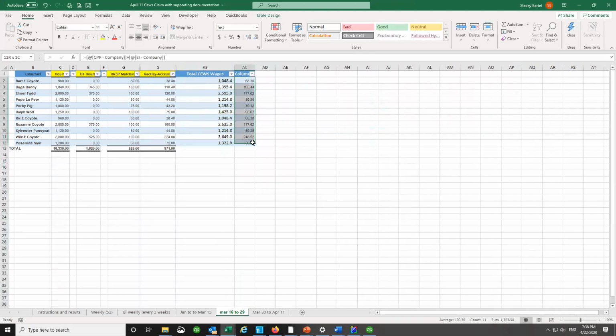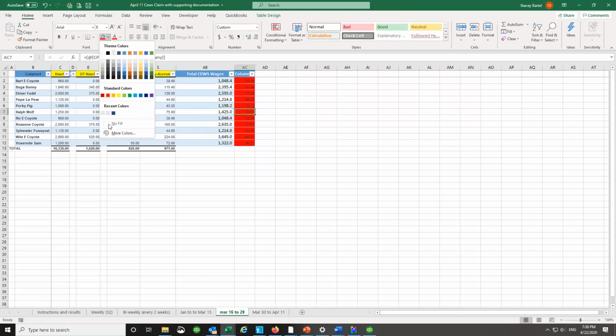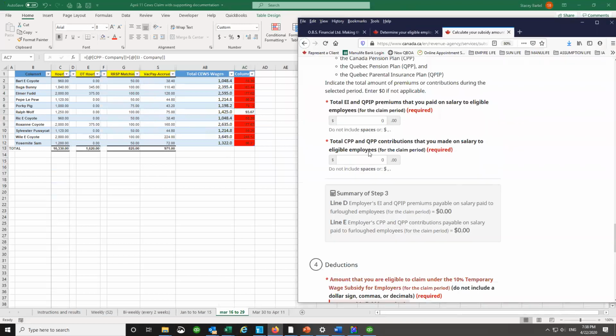And what I'm going to do here is I'm actually going to highlight all of these red except for Ralph, because he is the only one that is entitled to this. So 9367, we're going to go back to here. Actually, it's not 9367 in total.